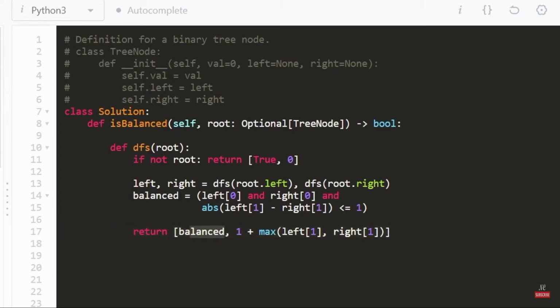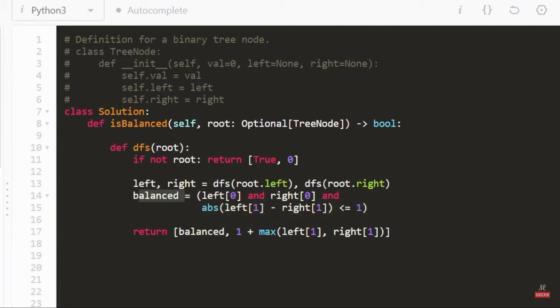This balance doesn't only mean is the tree balanced from the root position. This balanced means is the entire tree balanced at all. Because remember, if the left subtree, for example, was not balanced, then this conditional is going to evaluate to false, right?